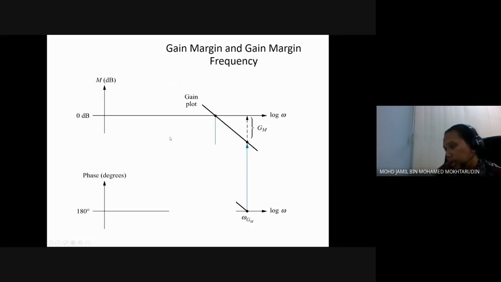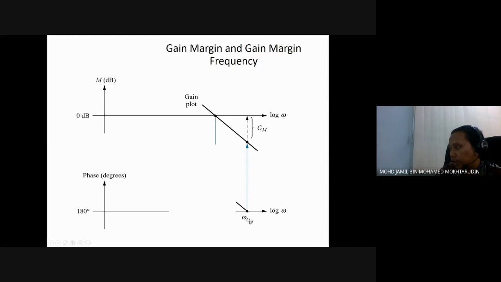Okay, so gain margin frequency is the frequency at negative 180 degree. So here, at 180 degree, you need to look at the intersection of the graph and then find the frequency at this intersection. This is gain margin frequency, and gain margin is the difference of the gain at gain margin frequency with 0 decibel.